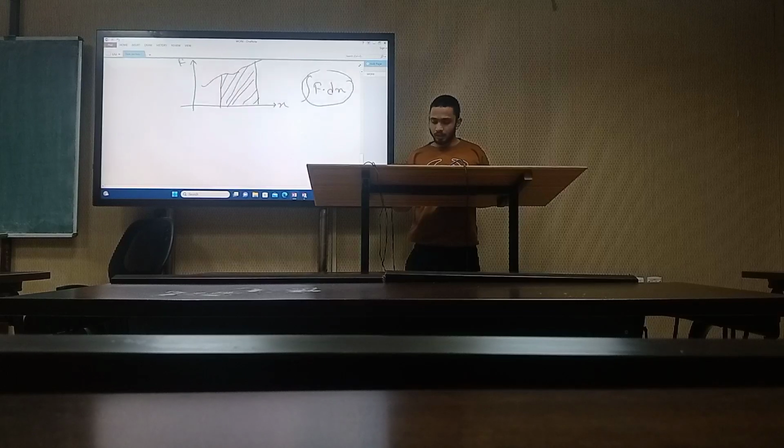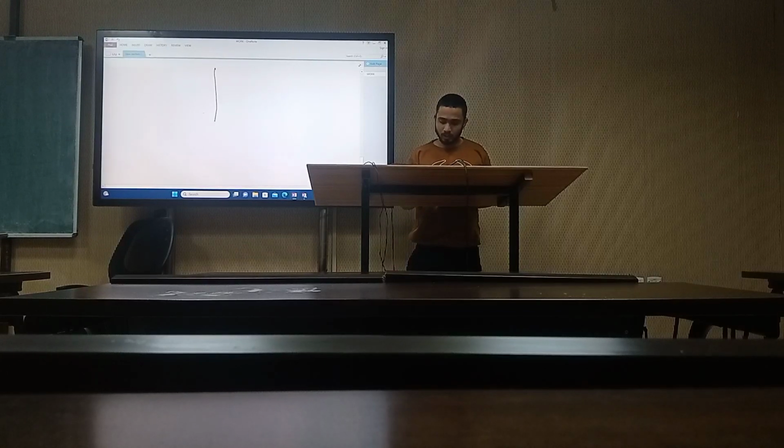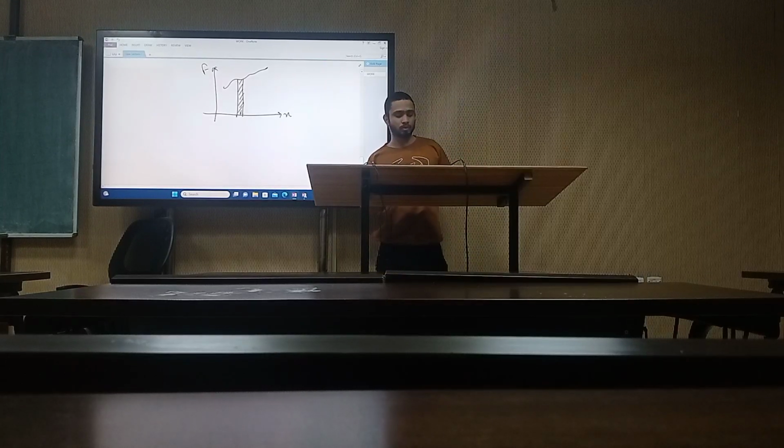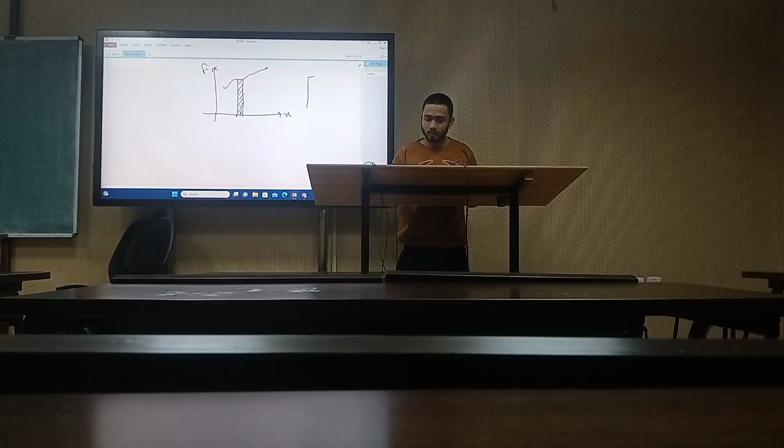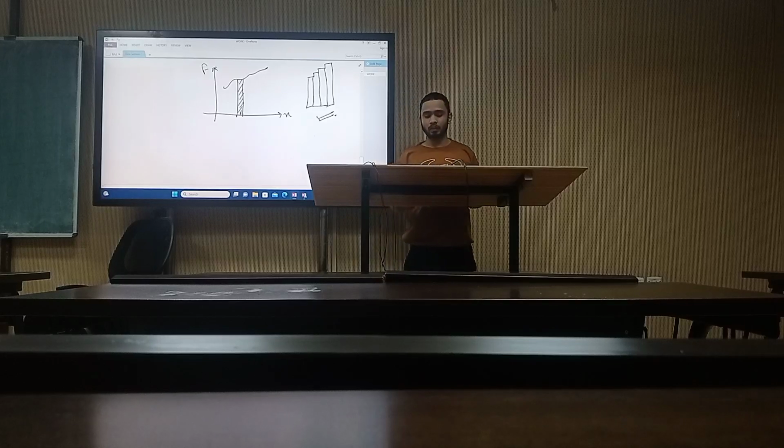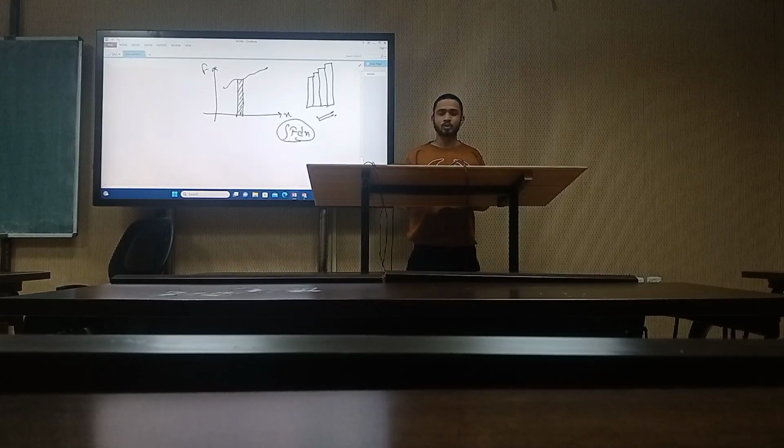So for various dx elements, taking small rectangular elements, the whole graph will be formed. Like this we can calculate by integrating force into displacement dx.